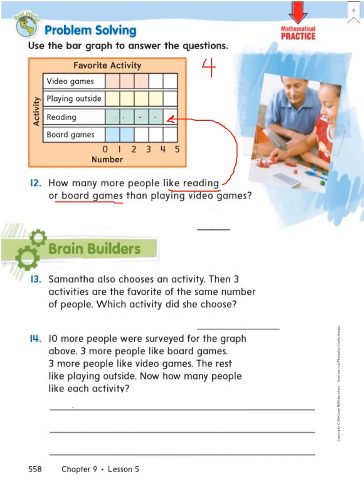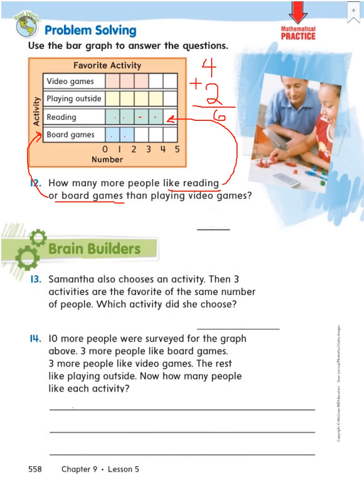Or board games. Let's go to our chart. How many people like board games? 2. And what are we going to do with that 4 and that 2? We're going to add them. 4 plus 2 equals 6.